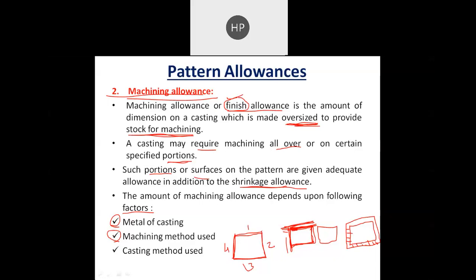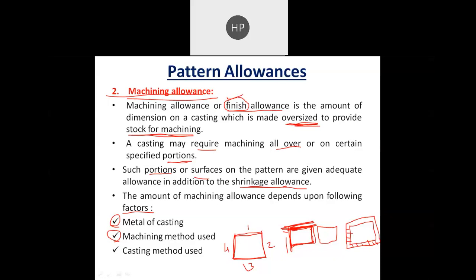While if we use a grinding machine, the amount of stock removed is larger than in polishing. So based on the machining operation we use, the machining allowance will be chosen.